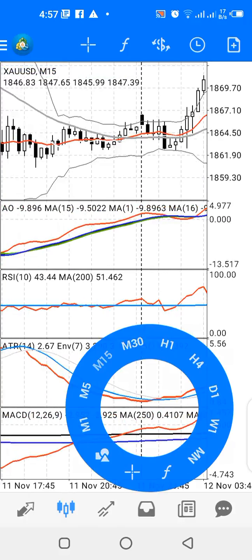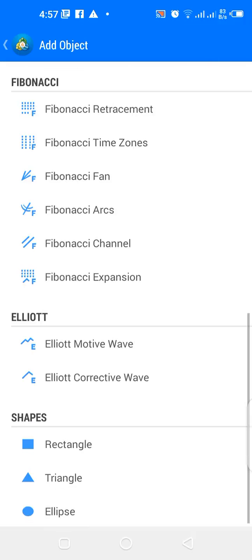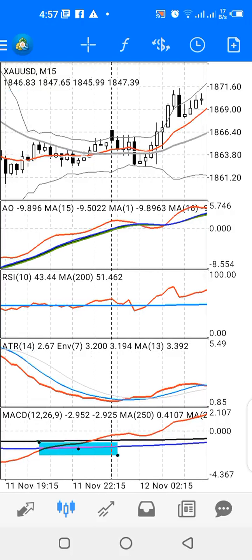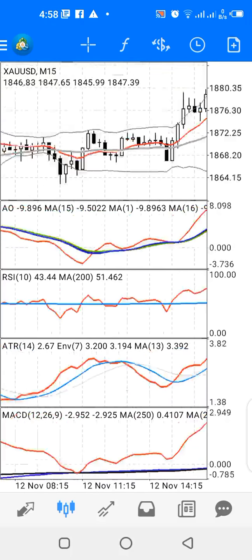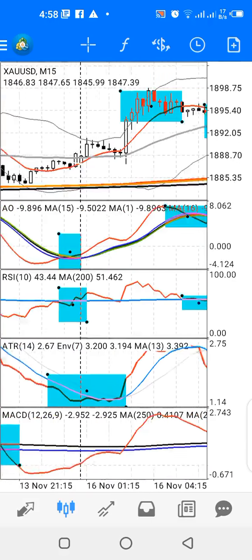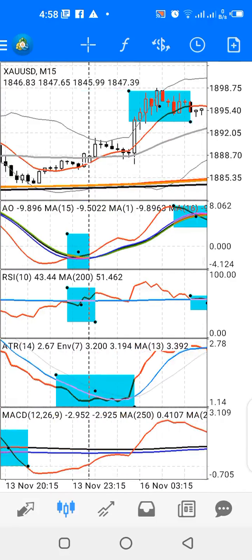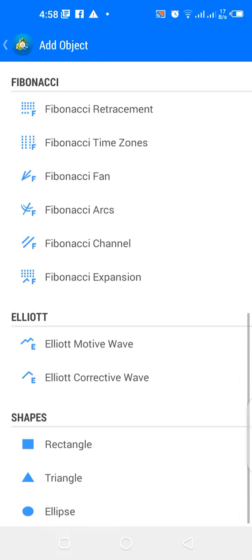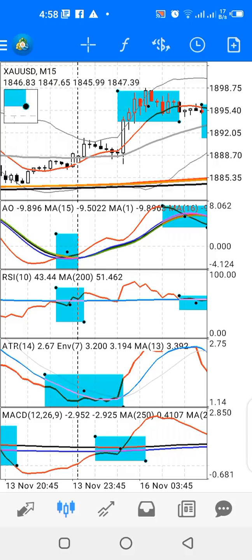When it crosses up, like you have around here, you have your buy signal. Okay, let's go forward. When it crosses up, like you have a cross up around here, buy signal.